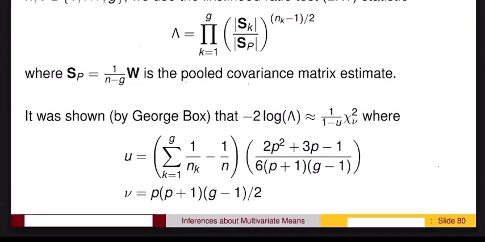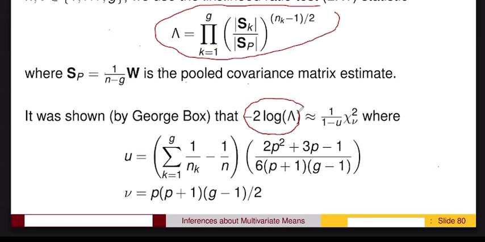Now, this test is according to Box. Box enables us to see that if I compute my Wilks' lambda here, take the log and multiply by -2, it follows a chi-square distribution.